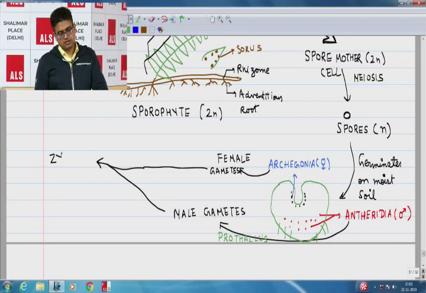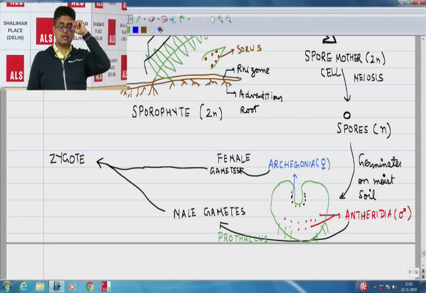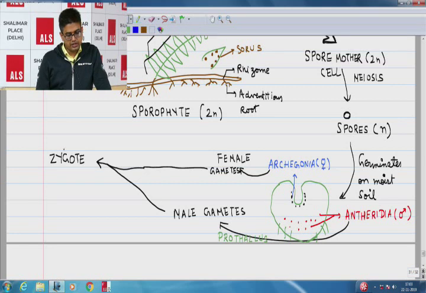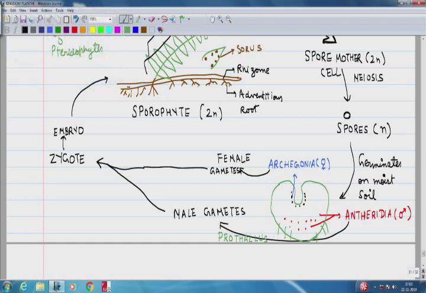This forms a zygote. The zygote grows inside the prothallus on archegonia, grows into an embryo. The embryo grows into the adult sporophytic plant. This is the complete life cycle.